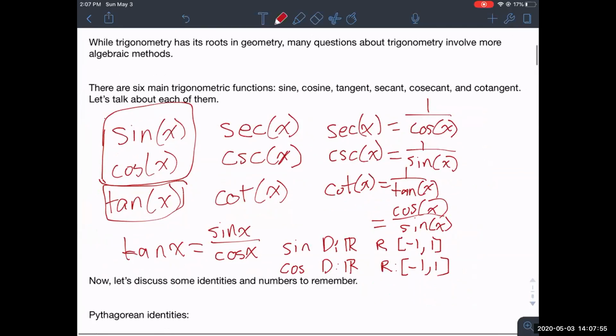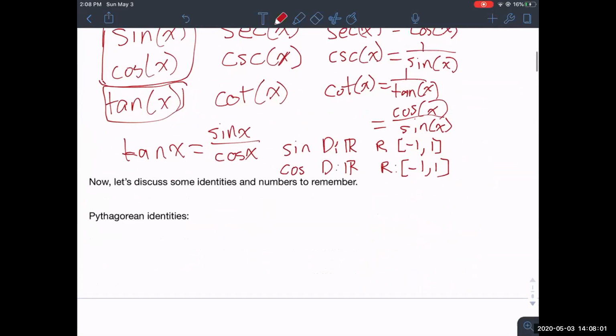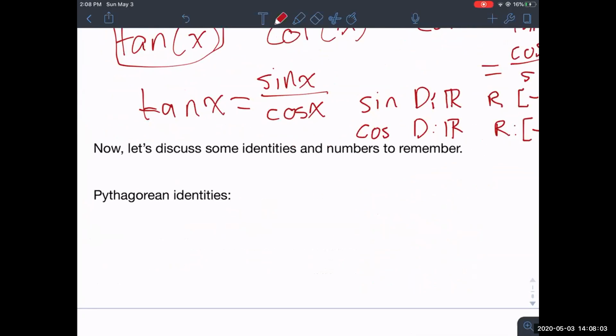Now let's talk about a few identities that'll be really important. These are called Pythagorean identities, but the really, really big one is this one: sine squared x plus cosine squared x is equal to 1.